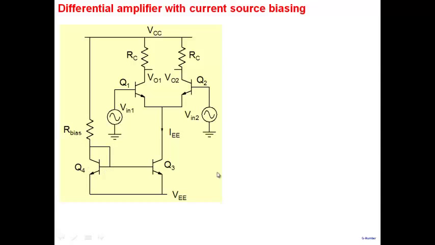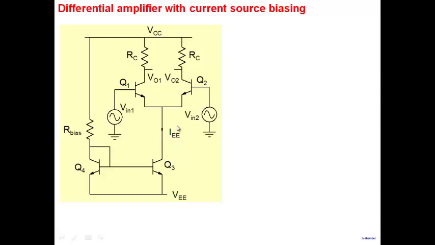The same current then flows through Q3, so that's how you set the current IEE. You choose a particular value of R bias, and that decides the current that flows in this branch. That's how you bias your differential pair without the use of a resistor, but by using a transistor itself.